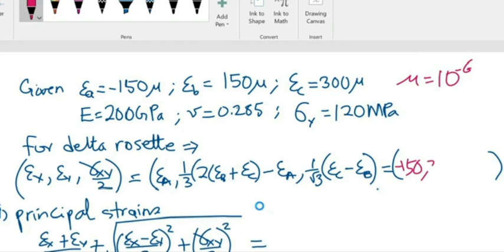In this case, we are going to have 350, and the shear strain is given by 173.2 divided by 2, because the shear strain is divided by 2, and this is equal to 86.61.